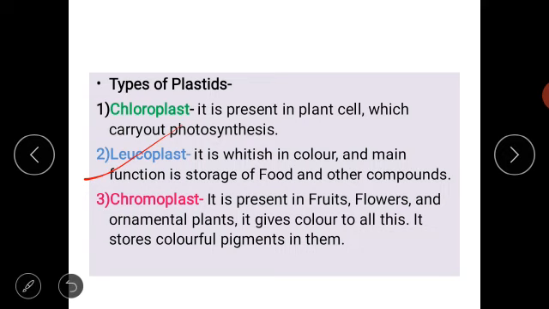The function of the leucoplast is storage of food or other compounds, like waste products which need to be excreted from the plant. The third type of plastid is the chromoplast. It is present in fruits, flowers, and ornamental plant leaves, because ornamental plant leaves are colorful. Chromoplast gives color to the fruit, flower and leaves of the ornamental plant.